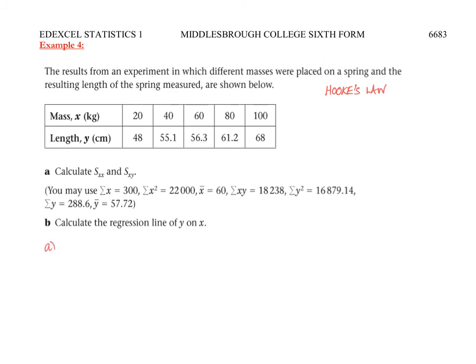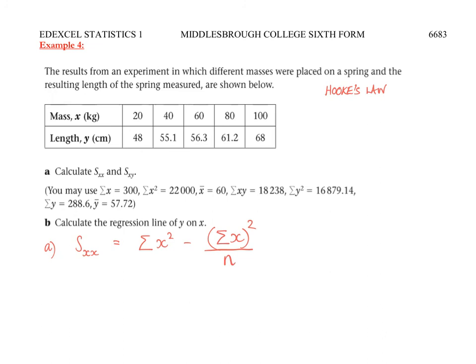Okay, we want to go back to what we were doing in chapter 6, and we want to be able to calculate S subscript xx. And from that equation, remember it's the sum of all the x squared minus the sum of the x's all squared, all over n.